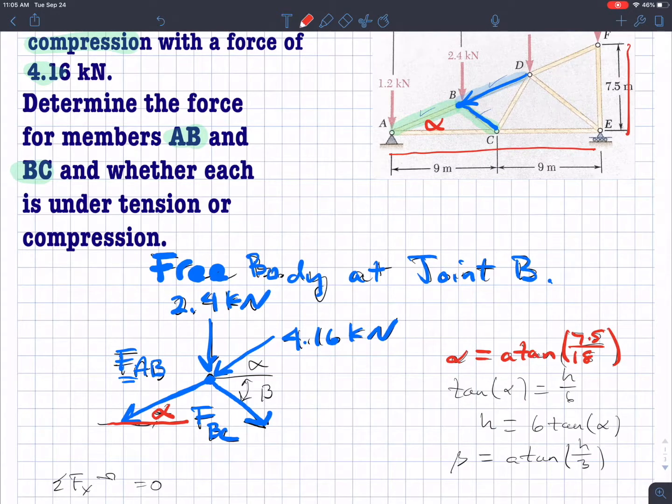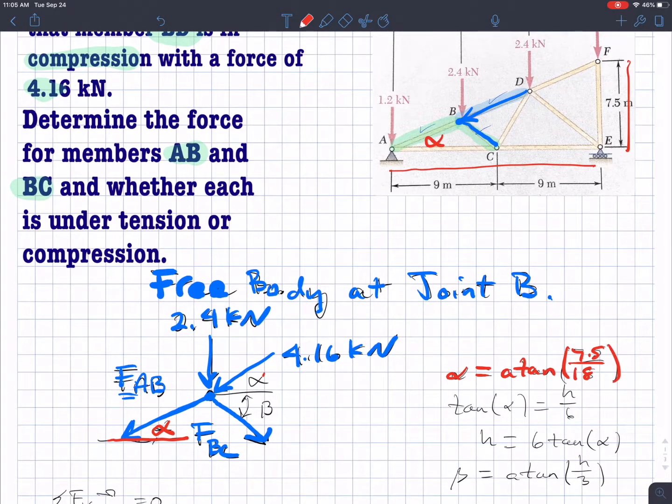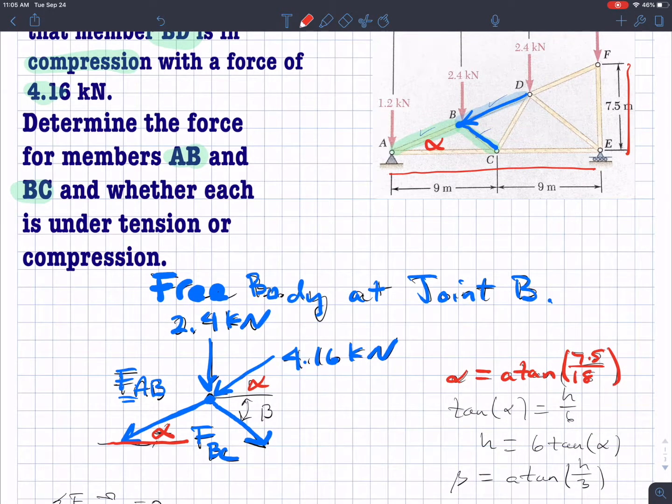All right, so I think that's pretty straightforward. All right, and you notice, AB and BD are acting along the same line of action, so this is also alpha. So when I'm trying to resolve the 4.16 kilonewton force, I can use that same angle to get those components.